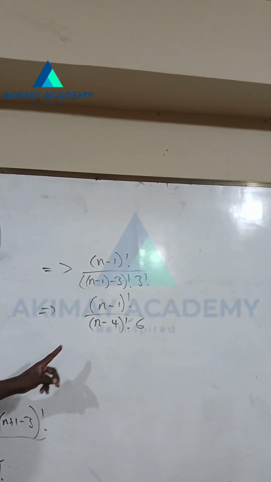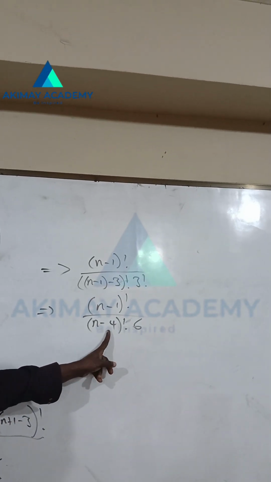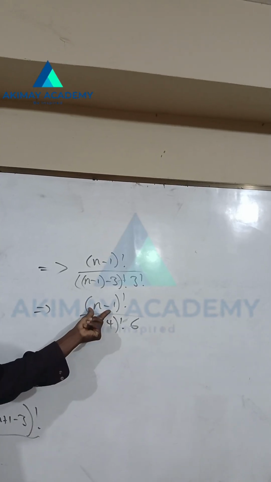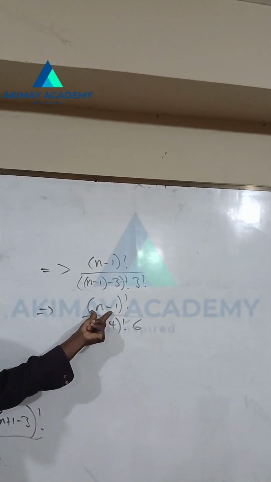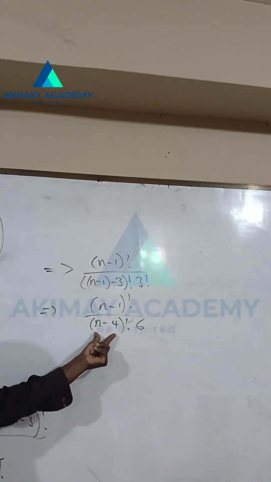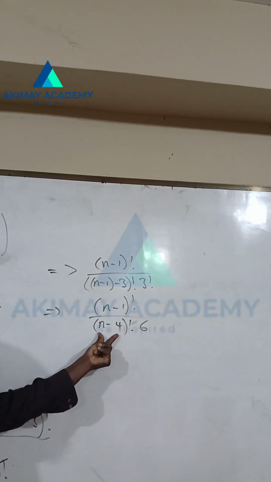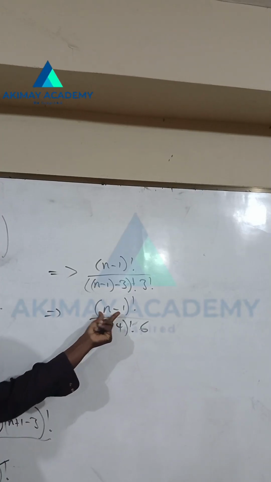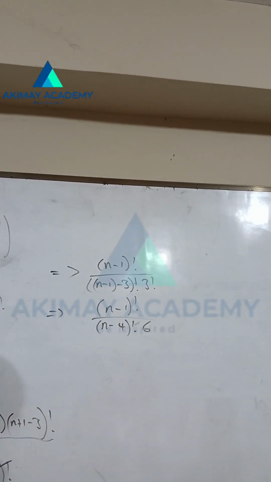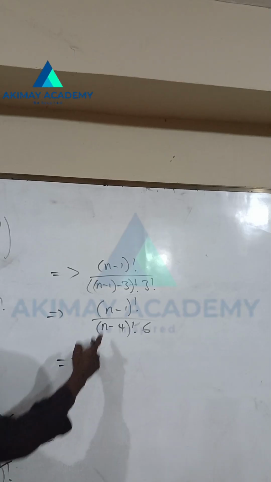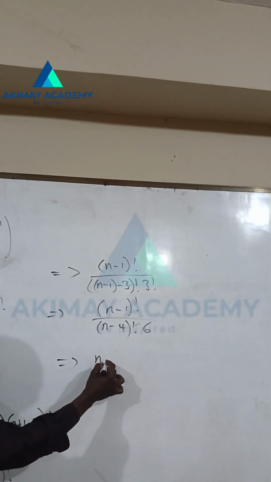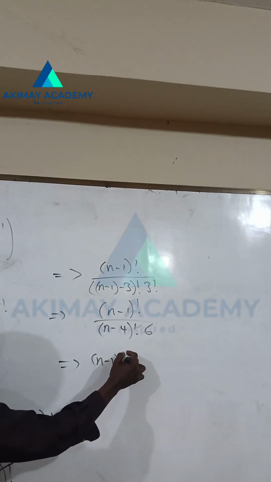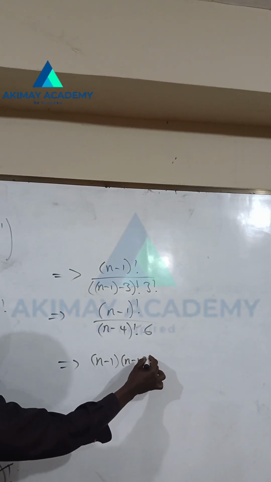Now in this case, you can see that here there's n minus 4. Here is n minus 1. It means that if you take the numerator and expand it a little bit further, you are going to land on n minus 4. Okay? So at this point, we expand the numerator over here a little bit further using combination formula. So let's expand the numerator. So we are going to have n minus 1 multiplying n minus 1 minus 1, right?